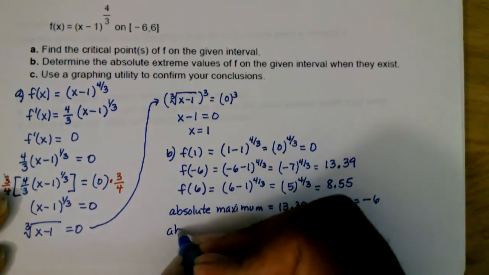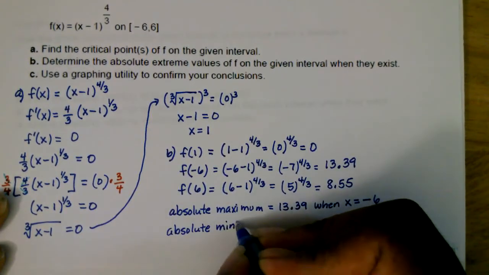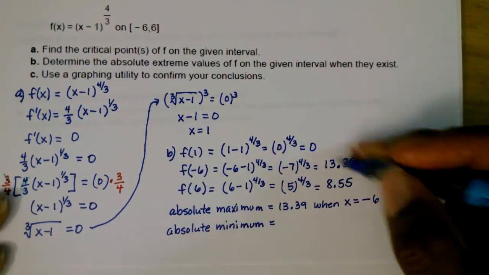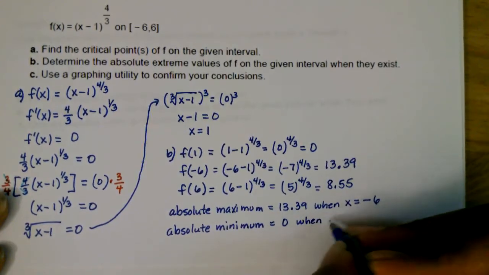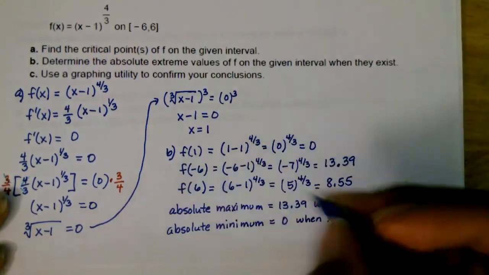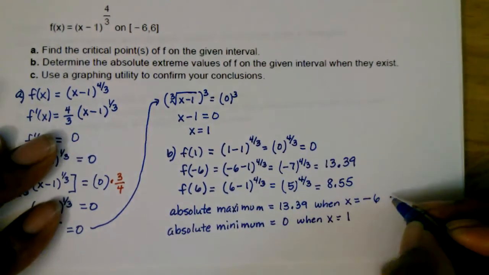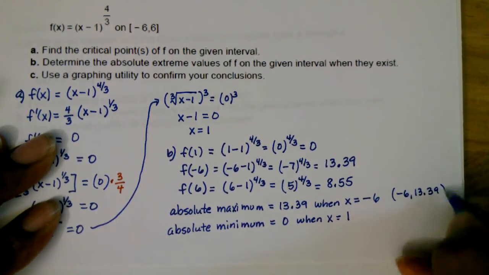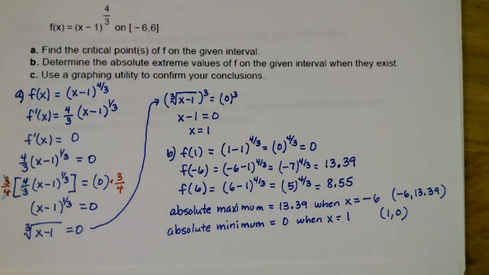And for the absolute minimum, that's the lowest of these 3, which was 0. And that occurred when x was equal to 1. Okay. Now you probably could write those as ordered pairs, like -6 and 13.39 for your absolute maximum, and then 1, 0 for your absolute minimum.